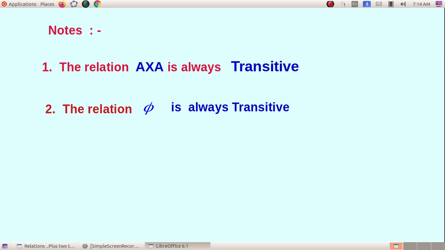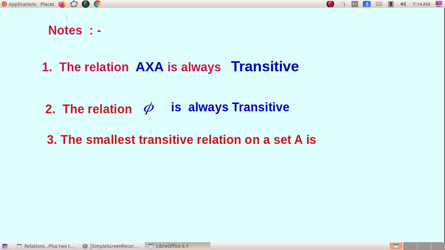Then the relation phi is symmetric and transitive but not reflexive. And which is the smallest transitive relation? Phi is the smallest relation. Therefore the smallest transitive relation in the set A is phi itself.